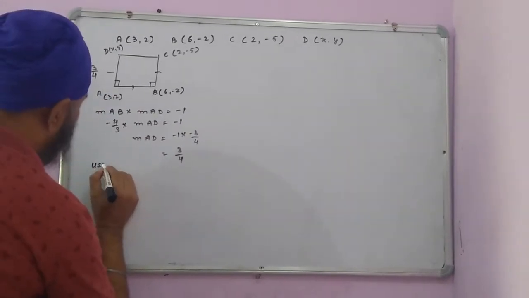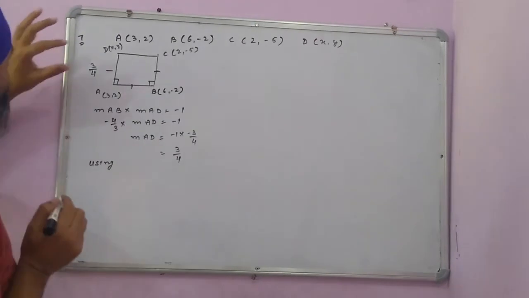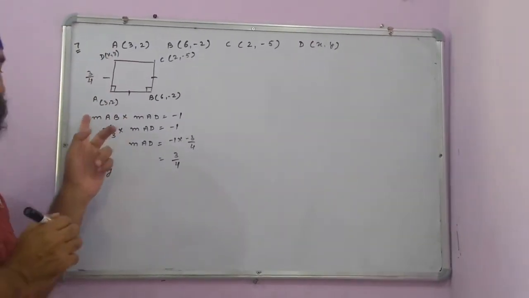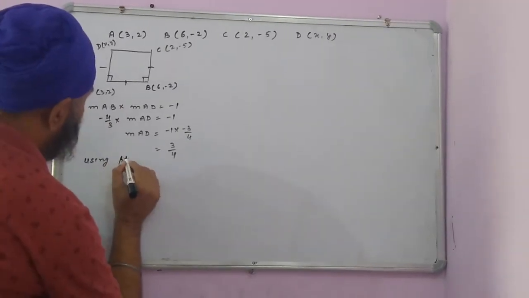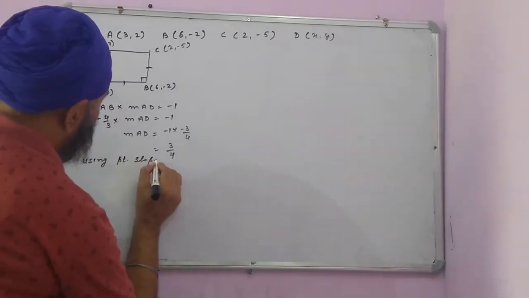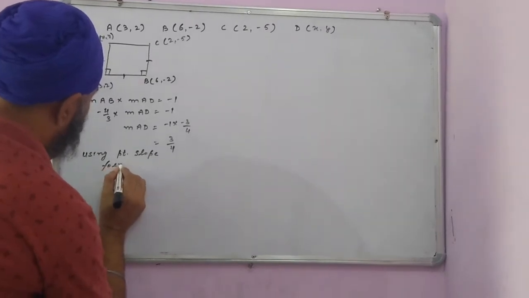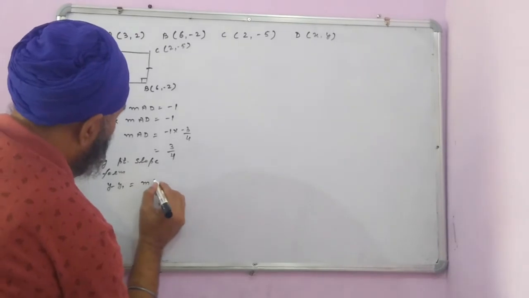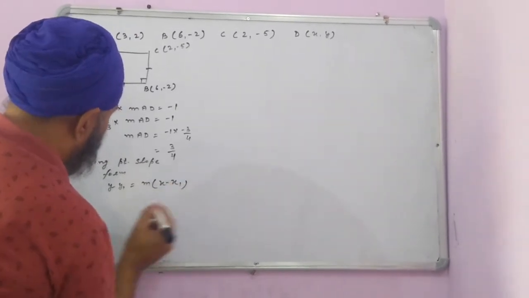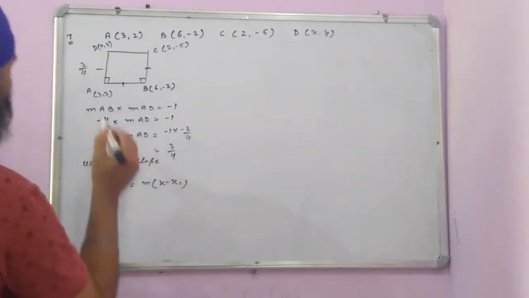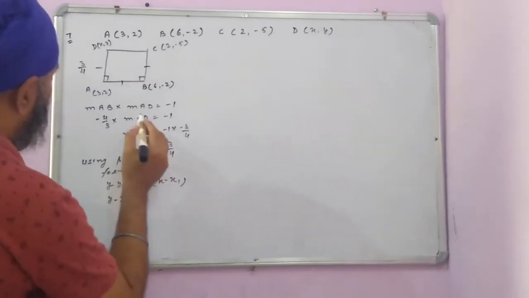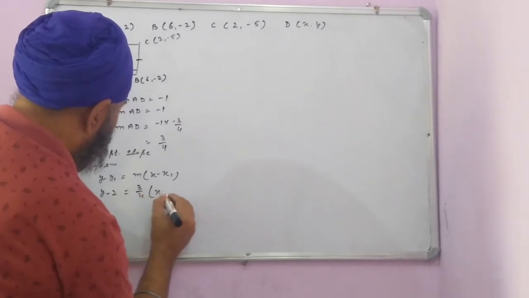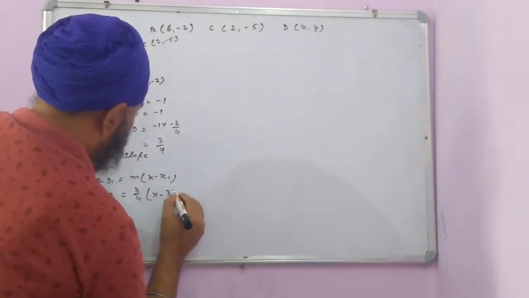Using point slope form, now I know the slope of the line and I know the point through which it is passing. So using point slope form, y minus y1 is equal to m times (x minus x1): y minus 2 is equal to 3 by 4 times (x minus 3).